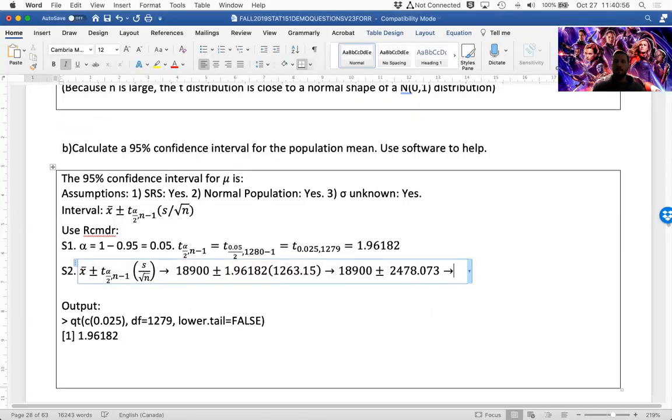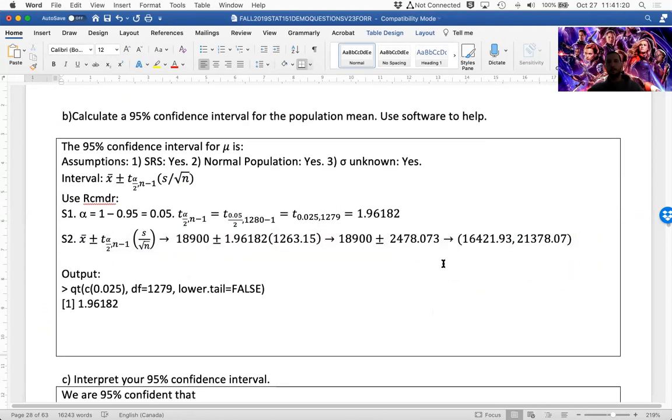Okay, and then if I add and subtract this, I should end up with 16,421.93 to 21,378.07.